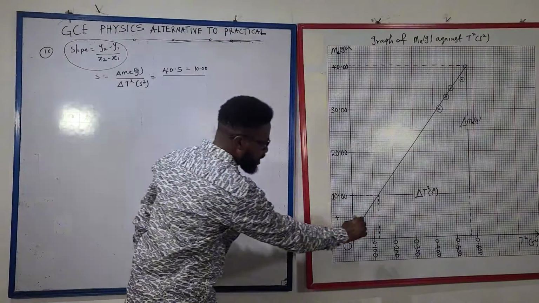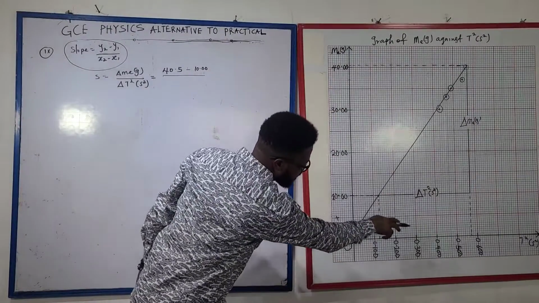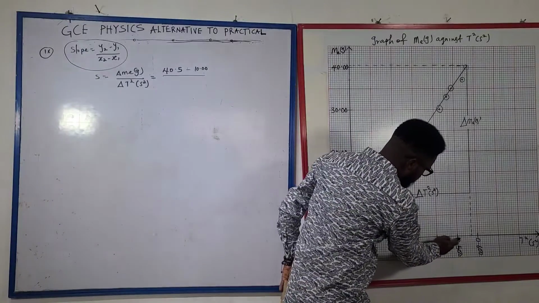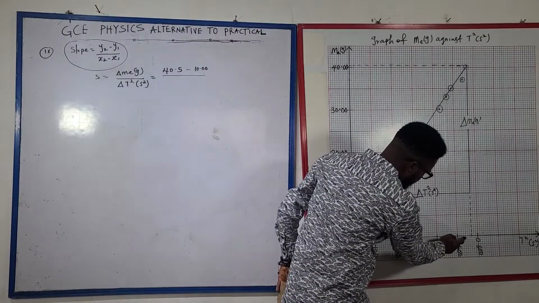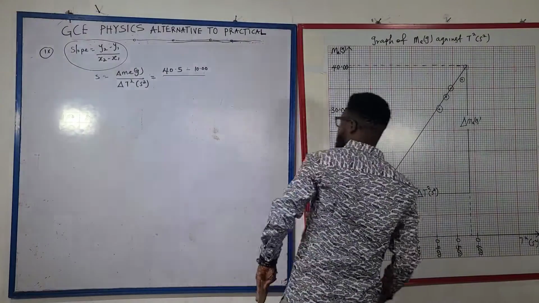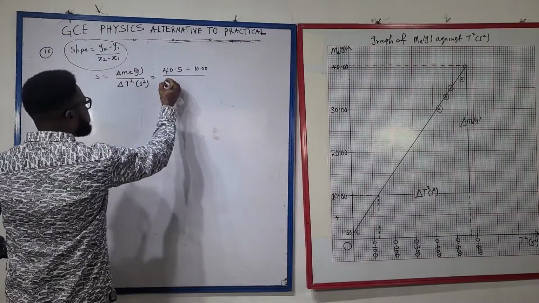For my t square, what I have x2 there is 0.5, 0.51, 52, 53, 54, 55, 56, 57, 0.57.